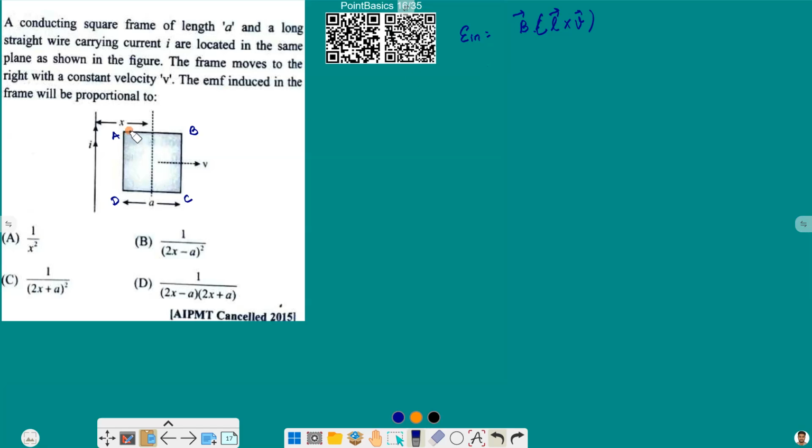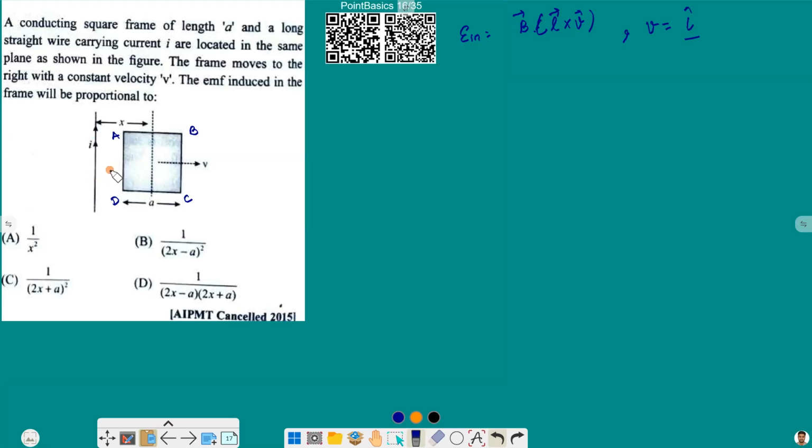Now here, the velocity of this whole square is in the x direction. The magnetic field due to this wire will be into the page.